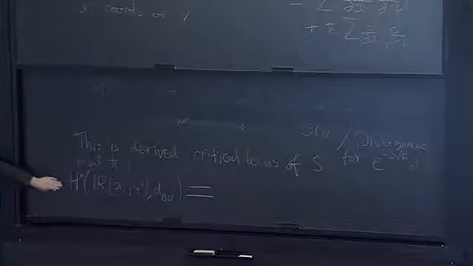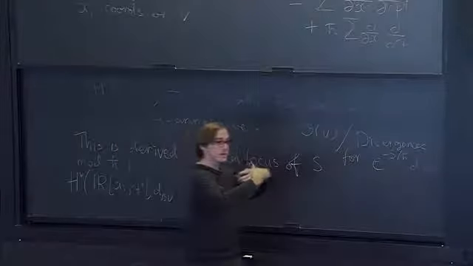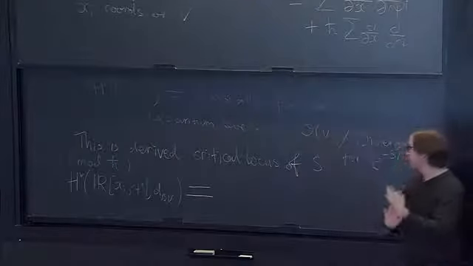There's an old construction due to Serre of constructing what's called the derived intersection of two algebraic varieties.